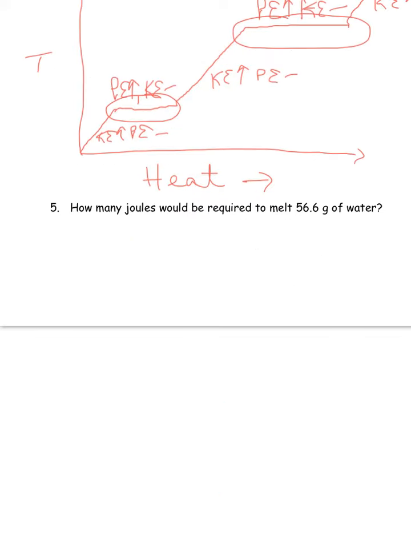All right, here we see another mathematical problem, and this time they're asking us for information about melting. Whenever we melt, we're going to use the Q equals mHf equation. This time they're looking for Q. They're giving us a mass of 56.6 grams, and this indeed again is water.